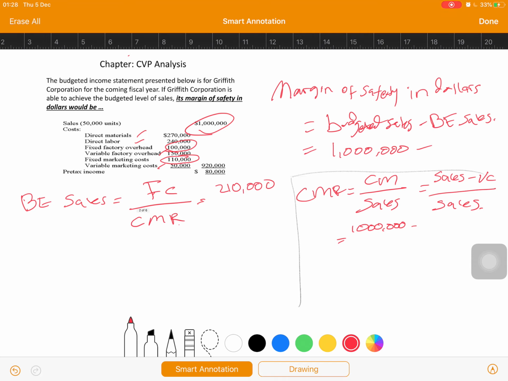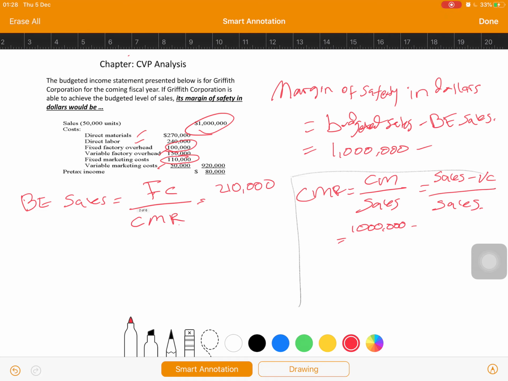Wait a minute, please. So the variable costs are direct materials 270 plus direct labor 240, and then variable factory overhead 150, and then variable marketing cost 50.